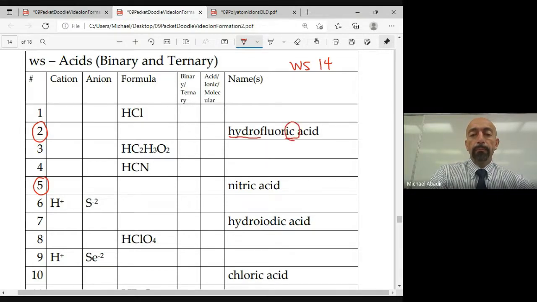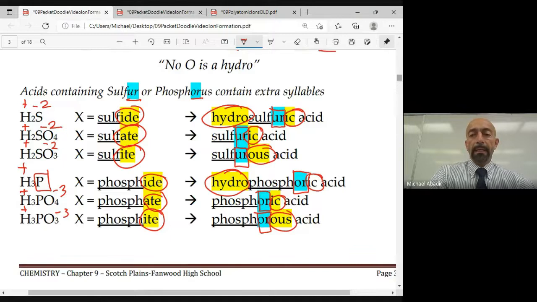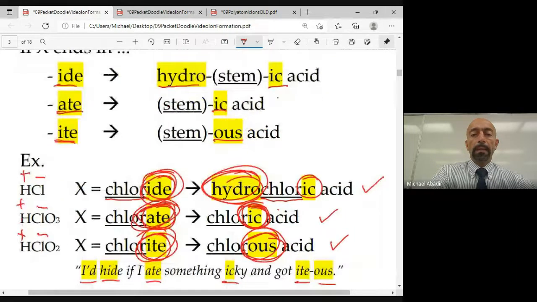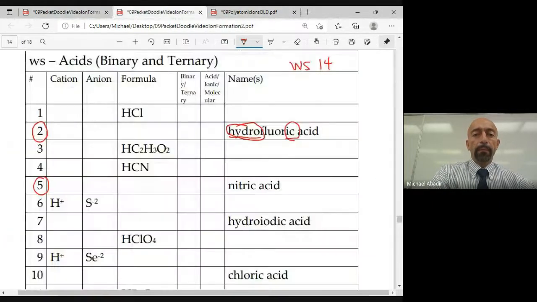acid. So the hydro and the ic came from, remember, the ide ending. So hydro and ic came from ide. So we're going to take the stem and put it together with ide. So we're going to take the stem, fluor, and we're going to put it with ide. So that's going to be fluoride. So fluoride, you ask yourself, well, what's fluoride?